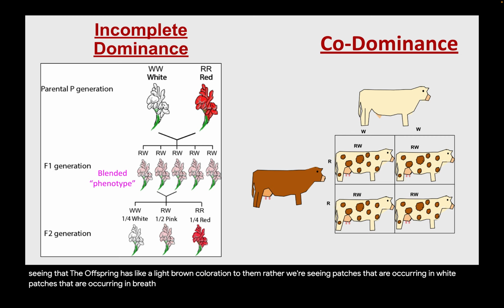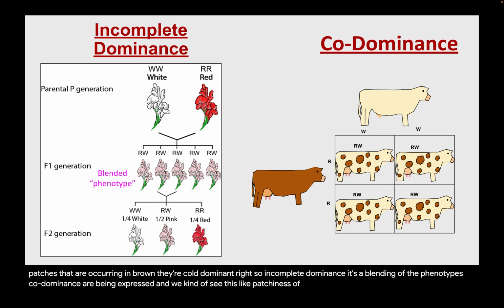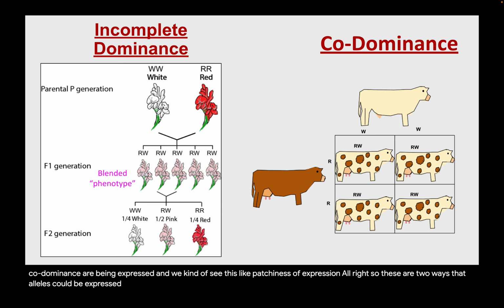They're codominant. All right, so incomplete dominance, it's a blending of the phenotypes. Codominance, both phenotypes are being expressed, and we kind of see this patchiness of expression. All right, so these are two ways that alleles could be expressed beyond the dominant and recessive.